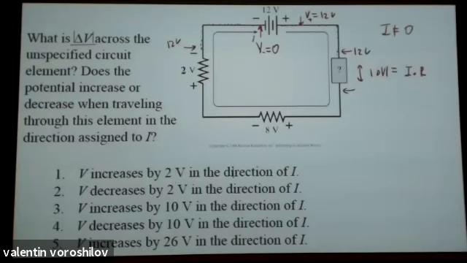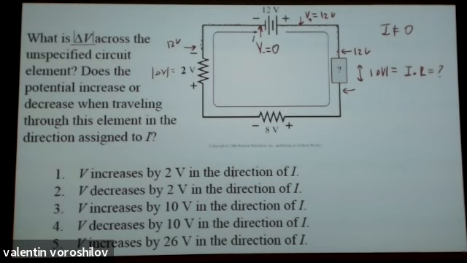And now we read it, okay. We got a circuit, and this is what actually we're looking for. So these numbers, what do they say? They tell us how potential changes across this element.